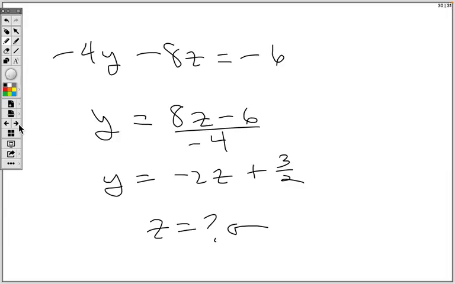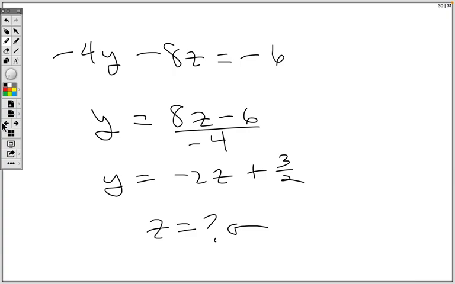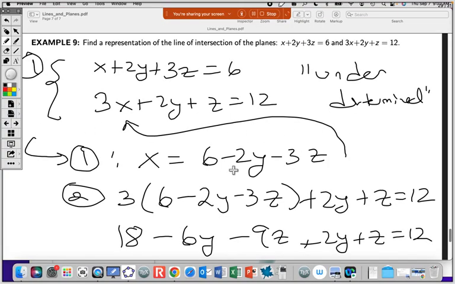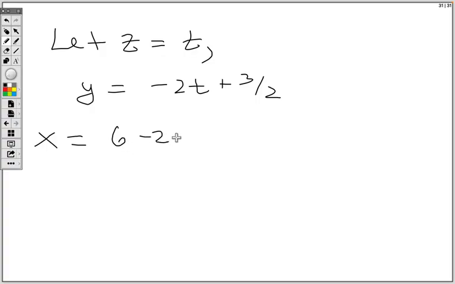I think we're good. So z would be t. y then would be minus 2t plus 3 halves. And then what would x be? I'd go back. x is equal to 6 minus 2y minus 3z.